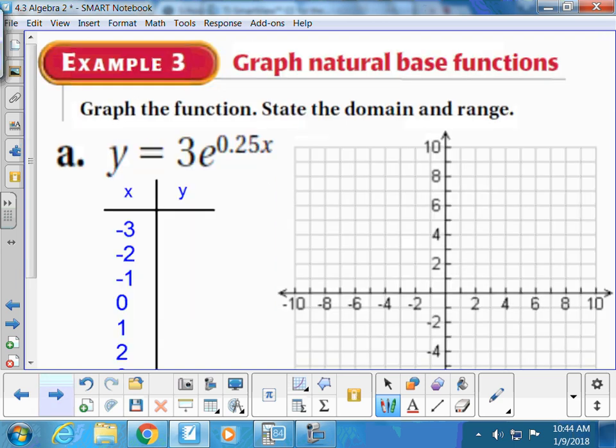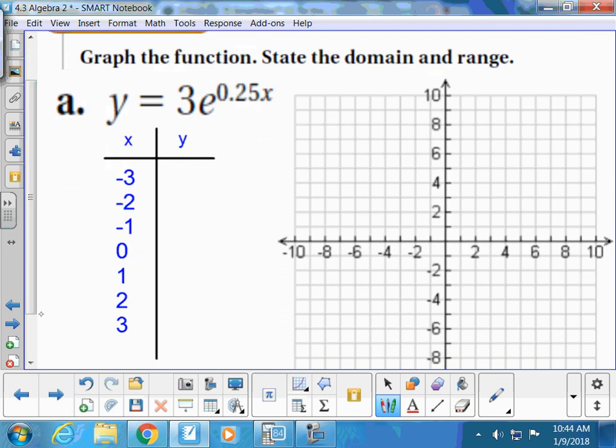Let's look at this example first. Go ahead and type it in, and we'll fill out the chart. I don't think my TI-83 people need the parentheses around the exponent, but if you don't use parentheses, just check that your values match my values, okay?